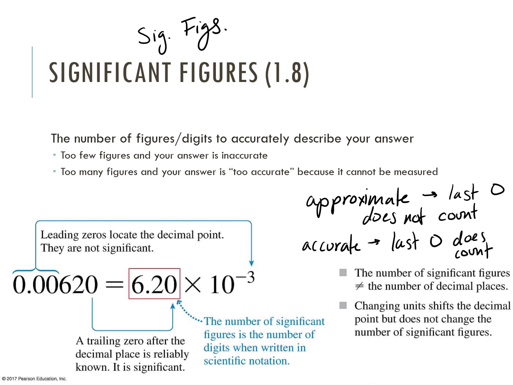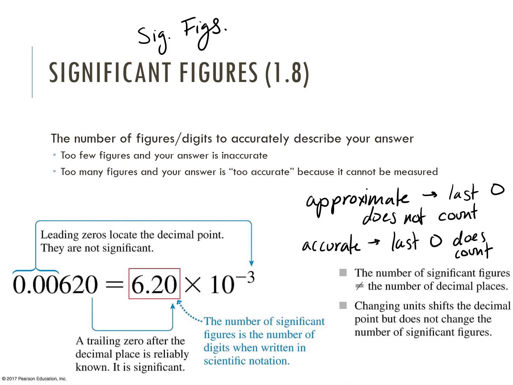Now, I know this is a really big nuance, and I'm going to be honest, it is annoying that there's not a consistent rule on the 0. In this textbook, if it gives you a value with a 0, treat it as exact or accurate or reliably known.